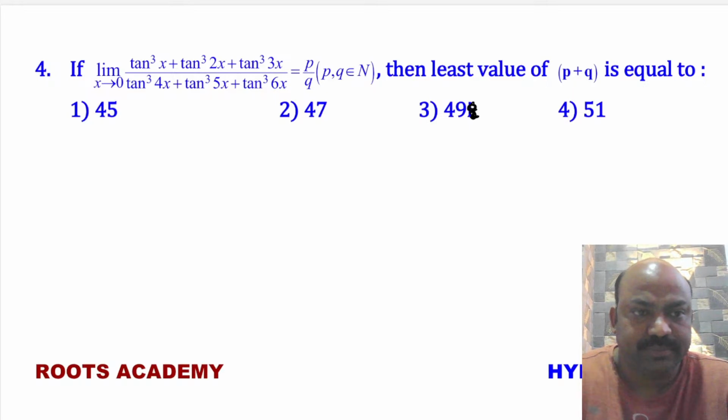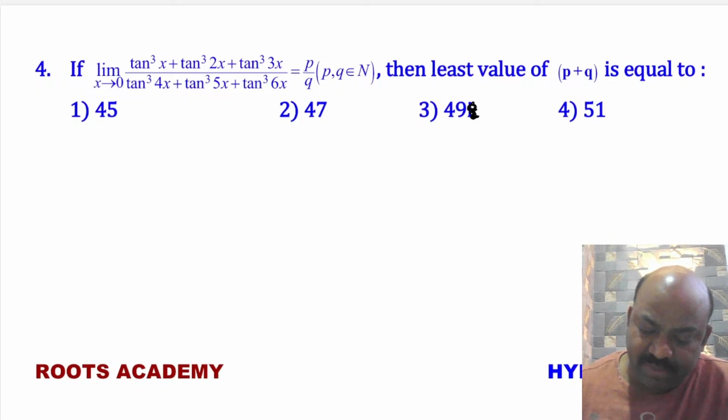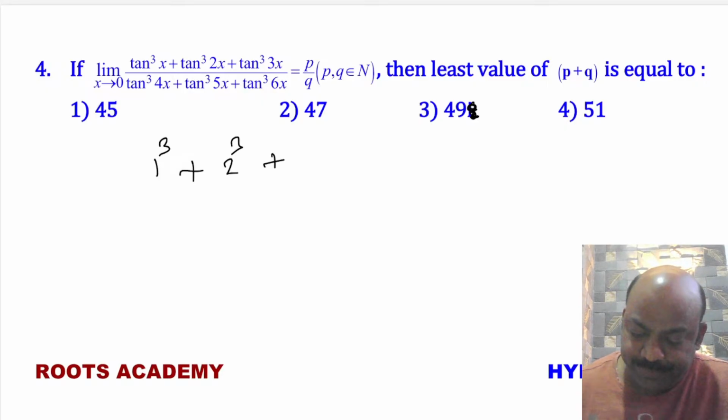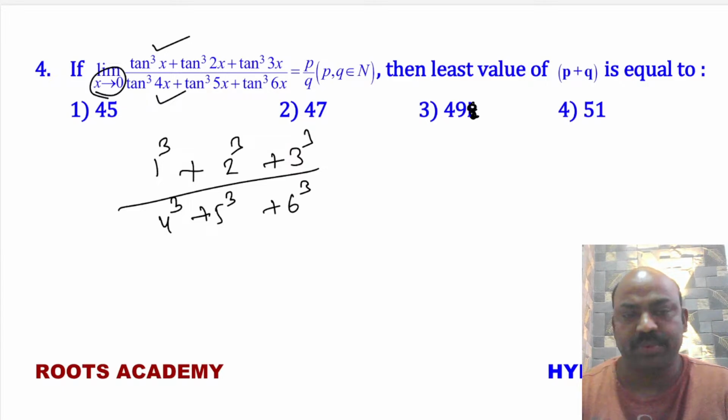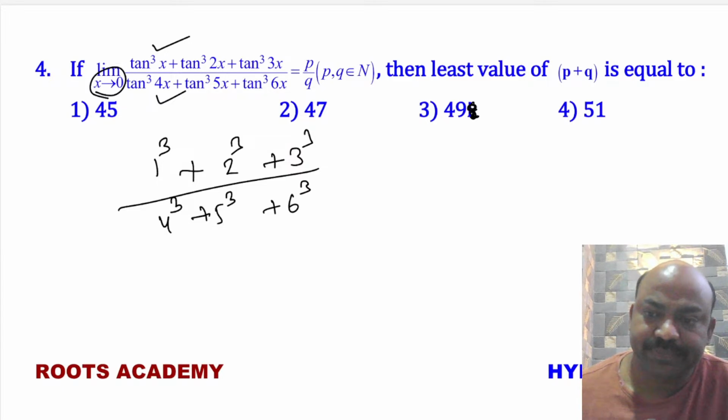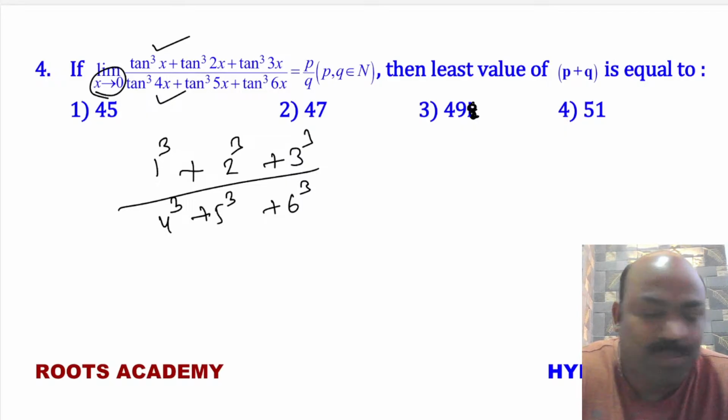Since tan cube is there, just look at the coefficients. 1 cube, 2 cube, 3 cube, the numerator is cube, the denominator is cube, and the limit is standard. So just take the cubes: 1 cube, 2 cube, 3 cube, 4 cube, 5 cube, and 6 cube. So what will you get here?